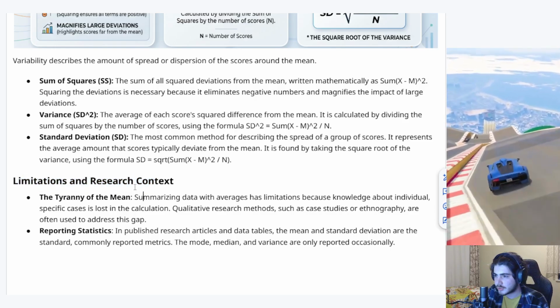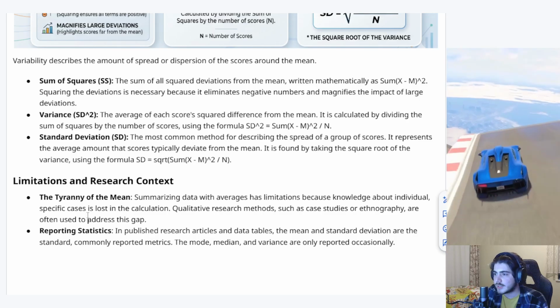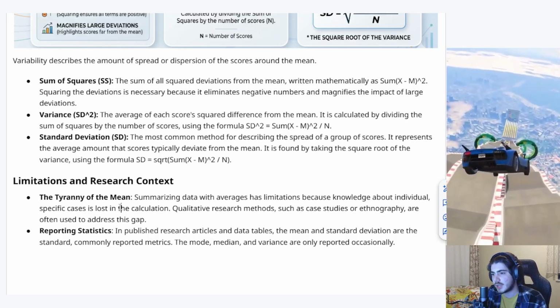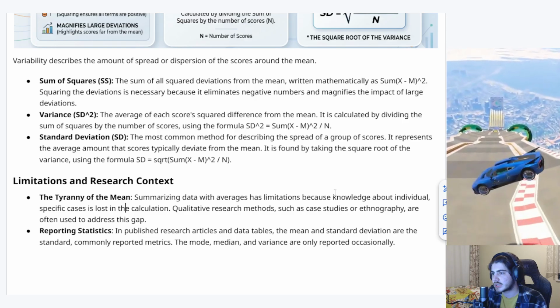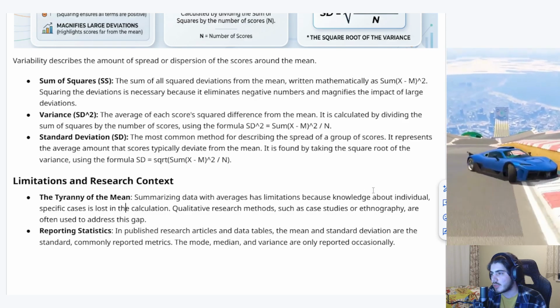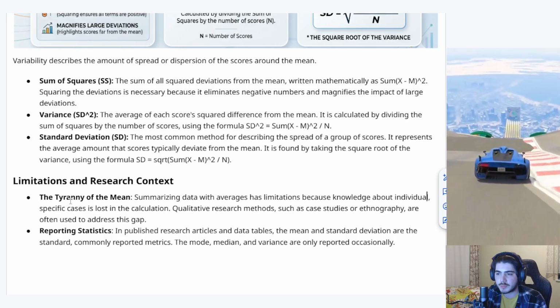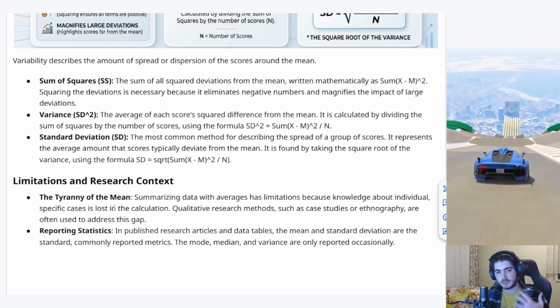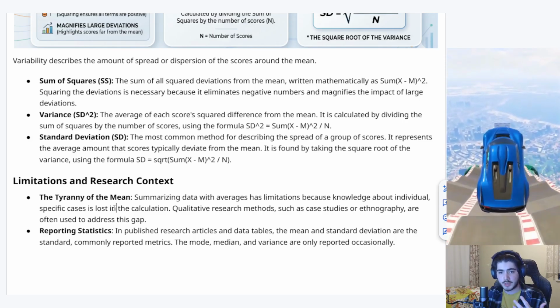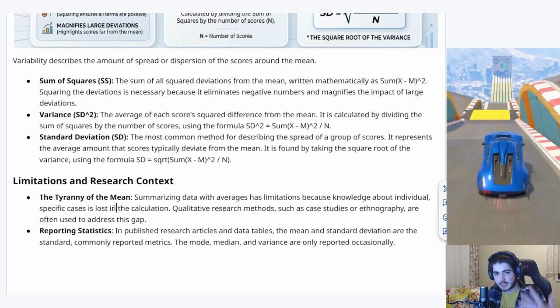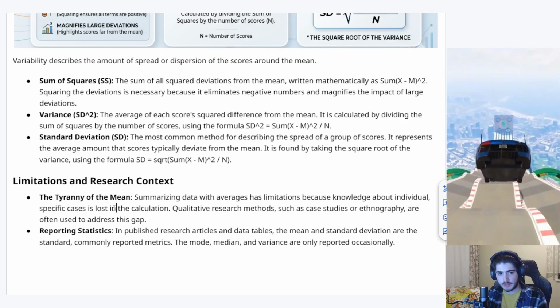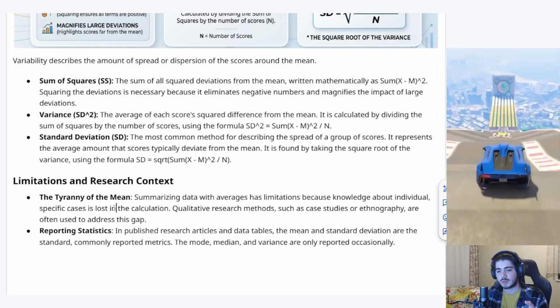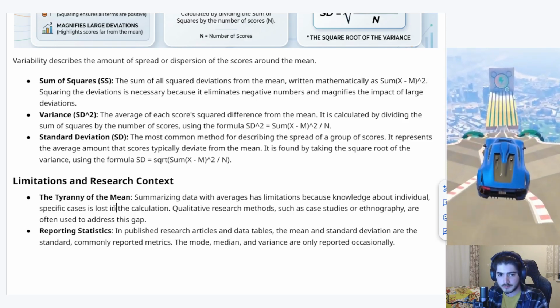Limitations and research context. Yes, with averages, as I said, knowledge about individual specific cases is lost in the calculation. This is why we use qualitative research methods like case studies or ethnography, so we can know about individual cases as well.